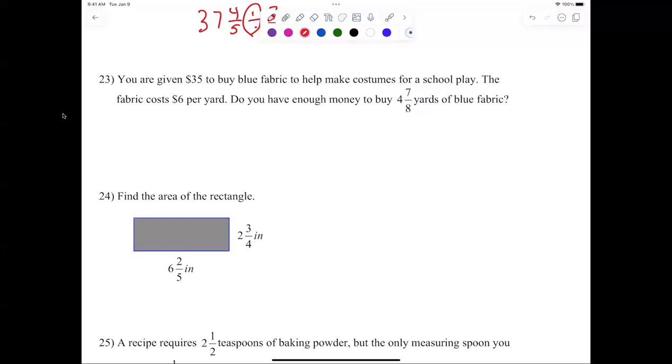So listen to me. Let's say I said this, buddy. Look up on the board. Let's say you needed to buy 5 yards. How much money do you need? If it's $6 per yard. 30. Yeah, look what your brain did. You with me? This 4 7/8 was not easy. So now think about it again.